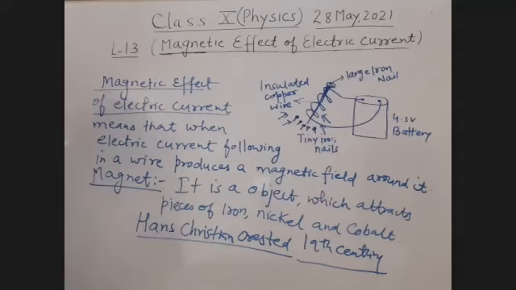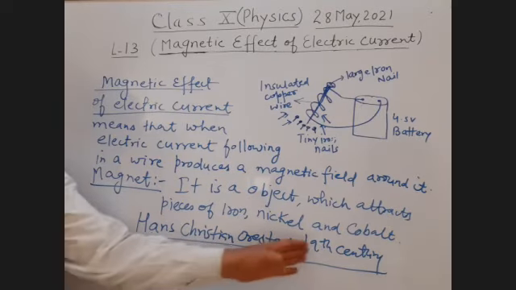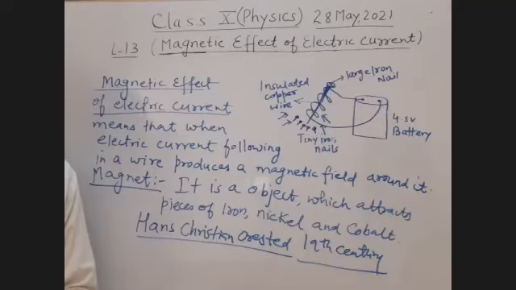He was a scientist in the 19th century. He has given the law of electromagnetism, जिसने electromagnetism के बारे में बताया था हमको. So the name of that scientist is Hans Christian Ørsted. 19th century में उसने law of electromagnetism के बारे में बताया था हमको. ठीक है student, please note down.